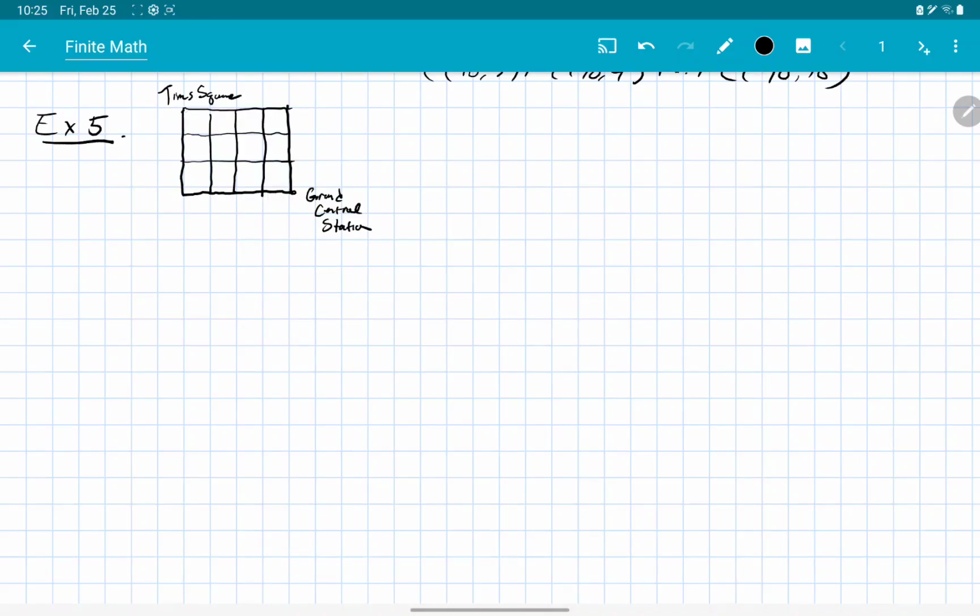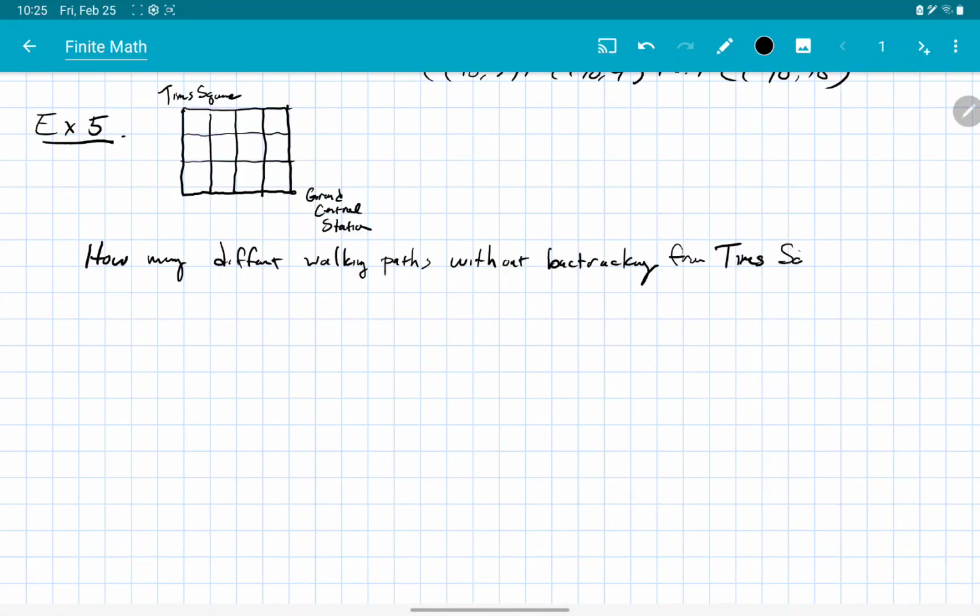And we want to ask the question, how many different walking paths without backtracking from Times Square to Grand Central Station?